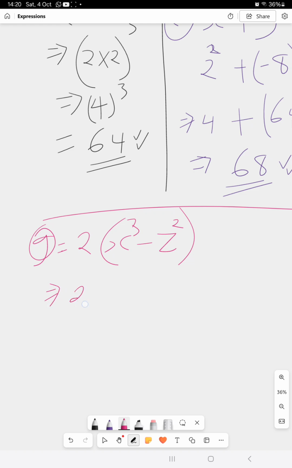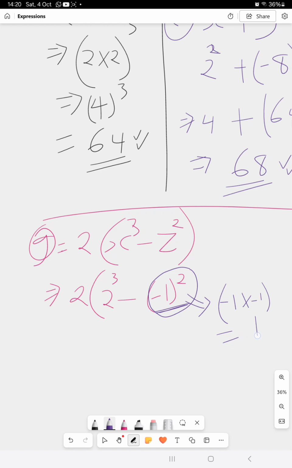Again it is 2 into x is 2, so 2 cubed minus z is negative 1 squared. Now please take note of this. Negative 1 squared is the same as negative 1 times negative 1, and this gives you 1.